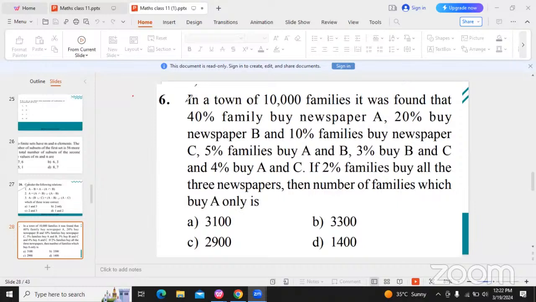Okay, try to find the cardinality of that. Here I will just try to write.